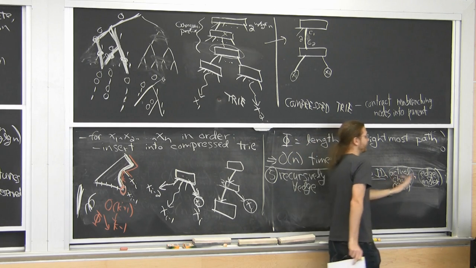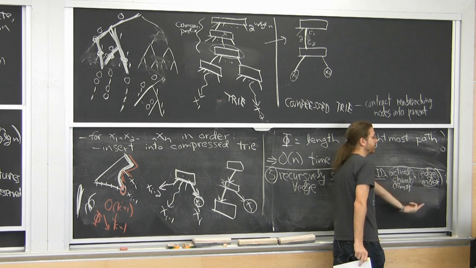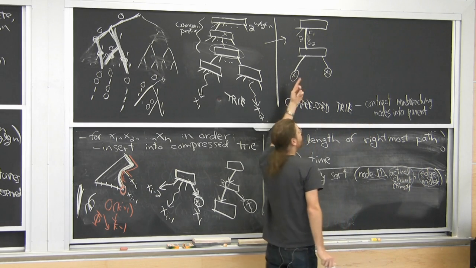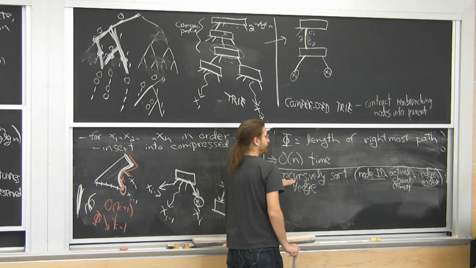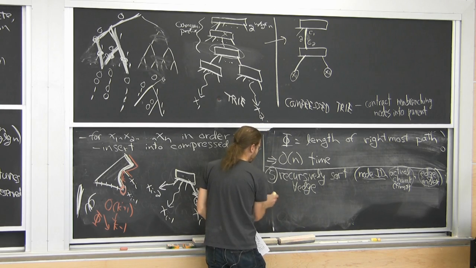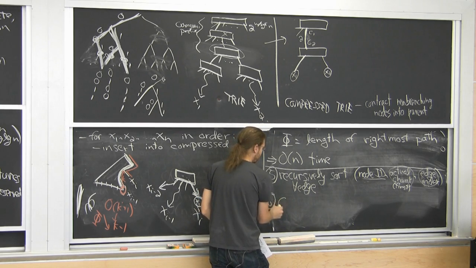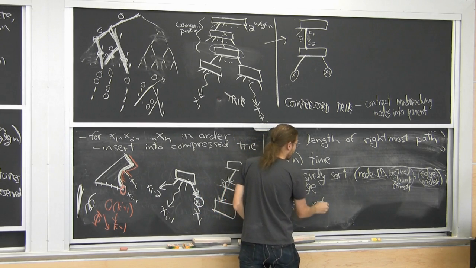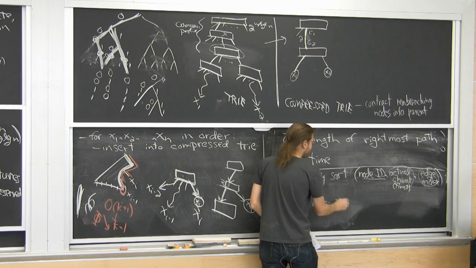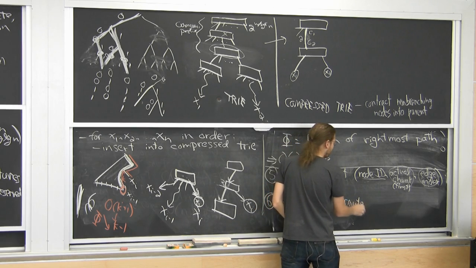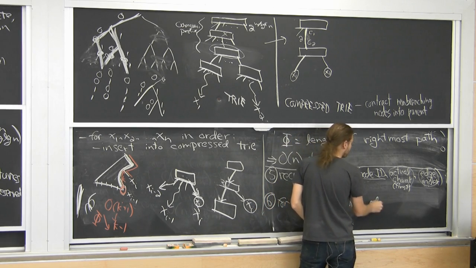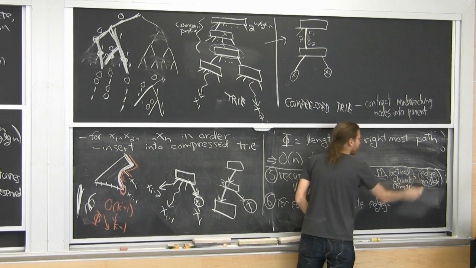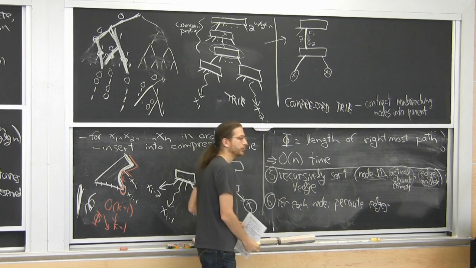And so this gives you, I guess, the inverse of the permutation of where each edge should be. So once I've done this, the last step is for each node, permute the edges as given by this inverse permutation.